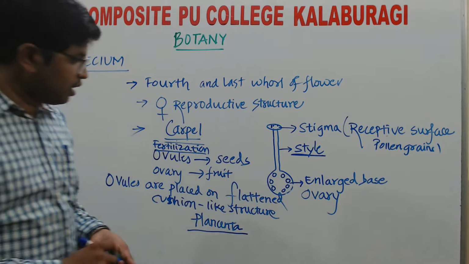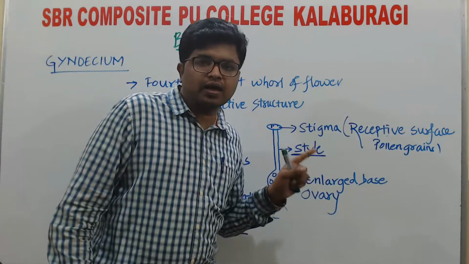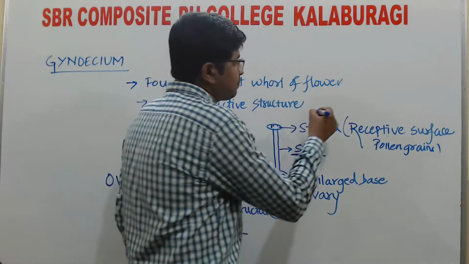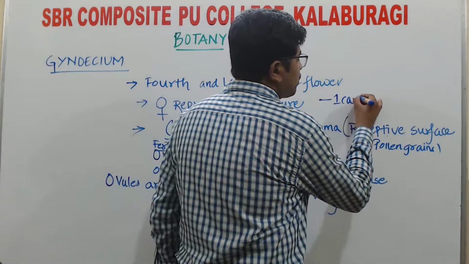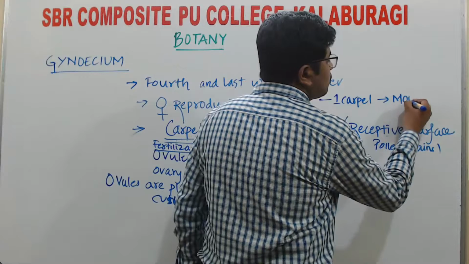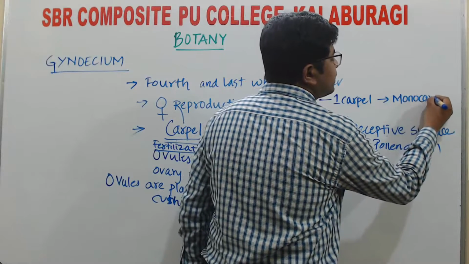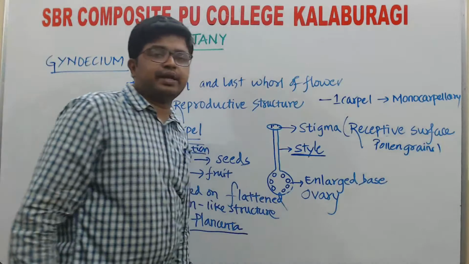And one more thing, the carpels in a flower may be one. When one carpel is there, we call it monocarpellary.